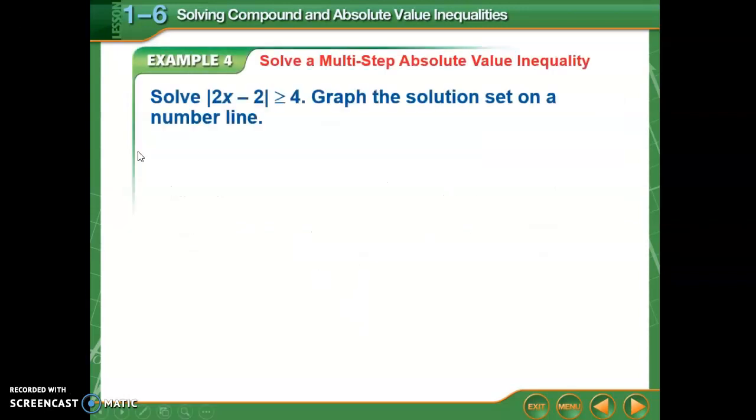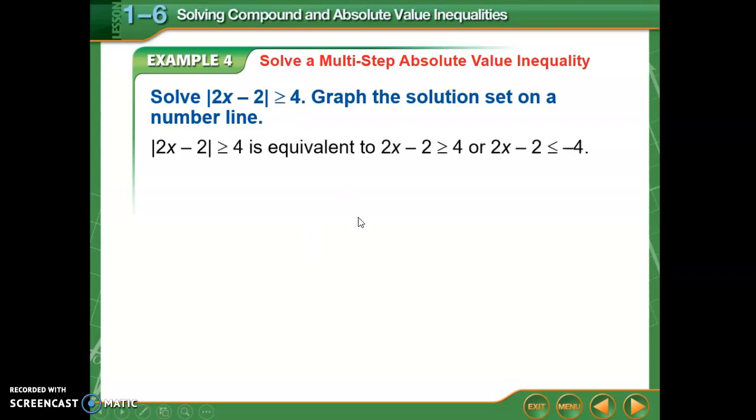Alright, let's have an example. Solve |2x - 2| ≥ 4. Graph the solution set. Okay, so greater, we're gonna solve this in two ways. 2x - 2 ≥ 4, that's the positive side, and then 2x - 2 ≤ -4.